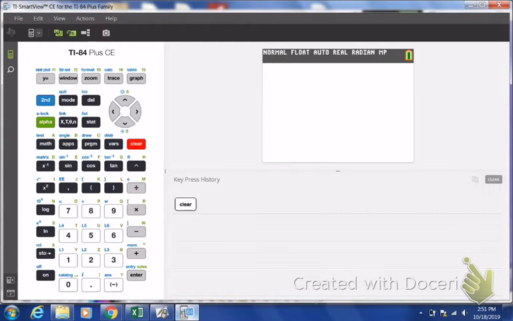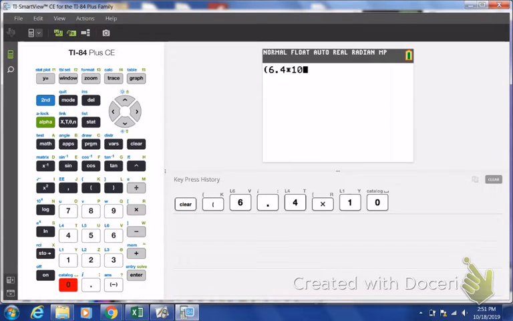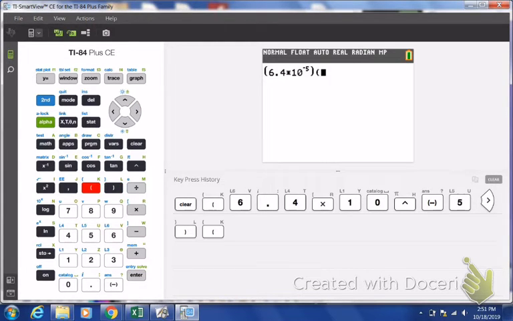So we have in parentheses, and make sure you keep those parentheses, 6.4 times 10, use our caret key again for an exponent, to the negative 5th, make sure you use the negative, not the minus, close parentheses, times, so I could just use parentheses again, 12,000.